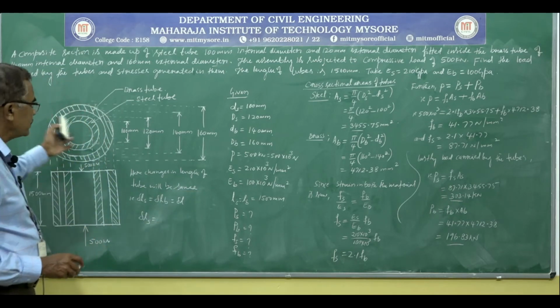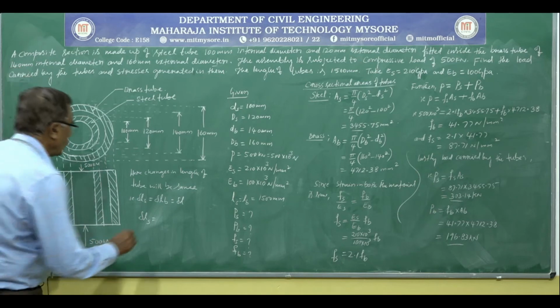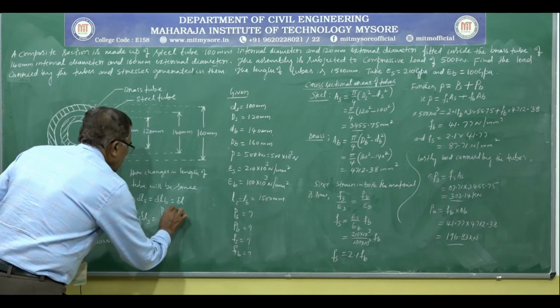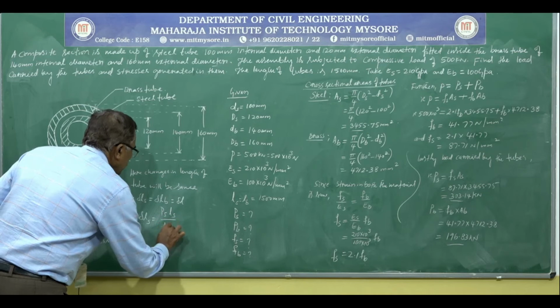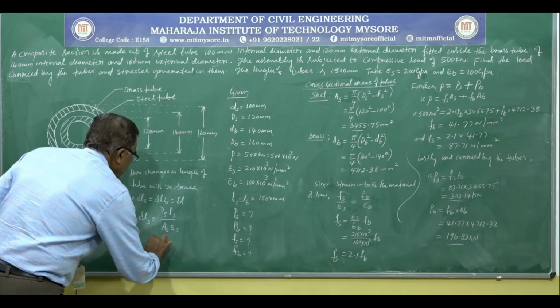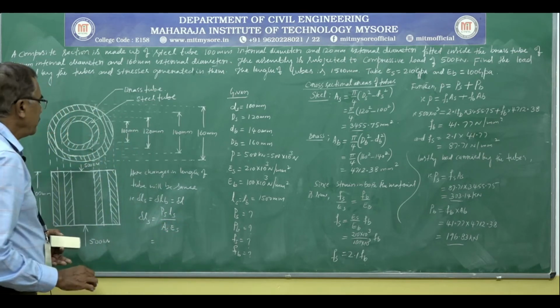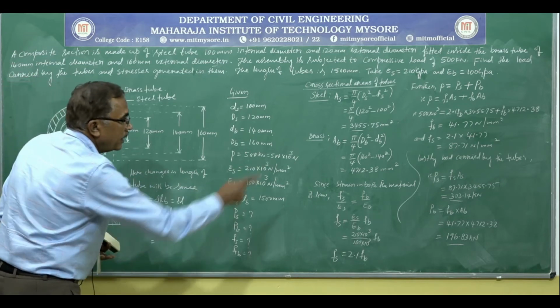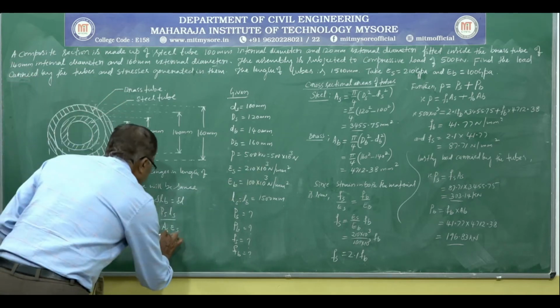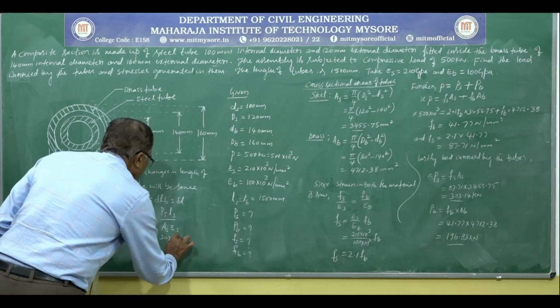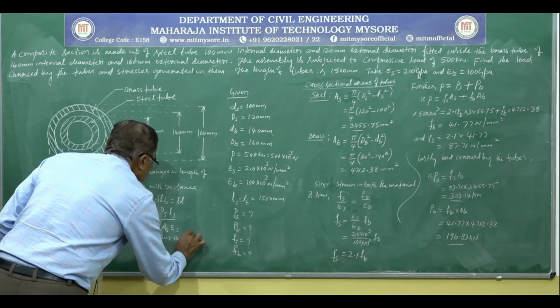Suppose if you consider steel, delta Ls is equal to Ps Ls divided by As Es, that is equal to the P value we calculated here, 303.14 into 10 power 3.